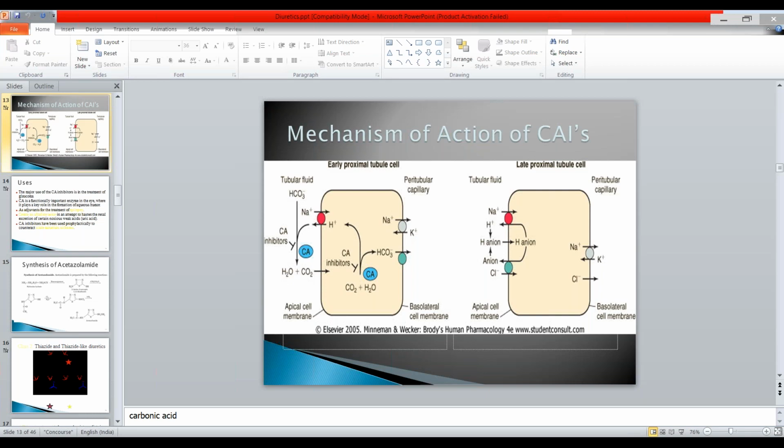Therefore, reuptake of HCO3 minus or bicarbonate ion decreases.